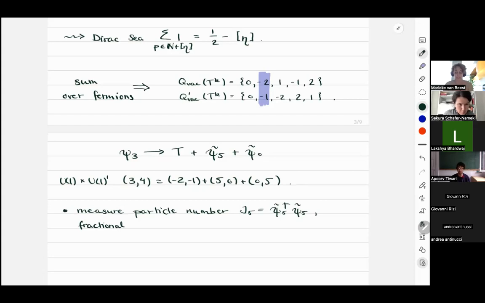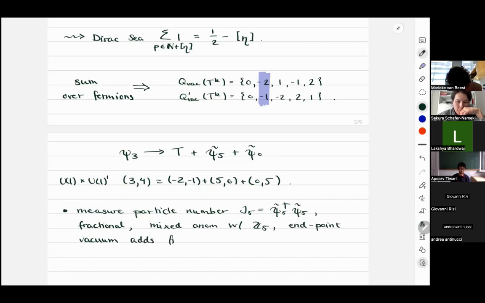And when you measure it, you'll get fractional values. So because you have a mixed anomaly with the C5, then the endpoint, the vacuum state, adds a fractional amount of charge.